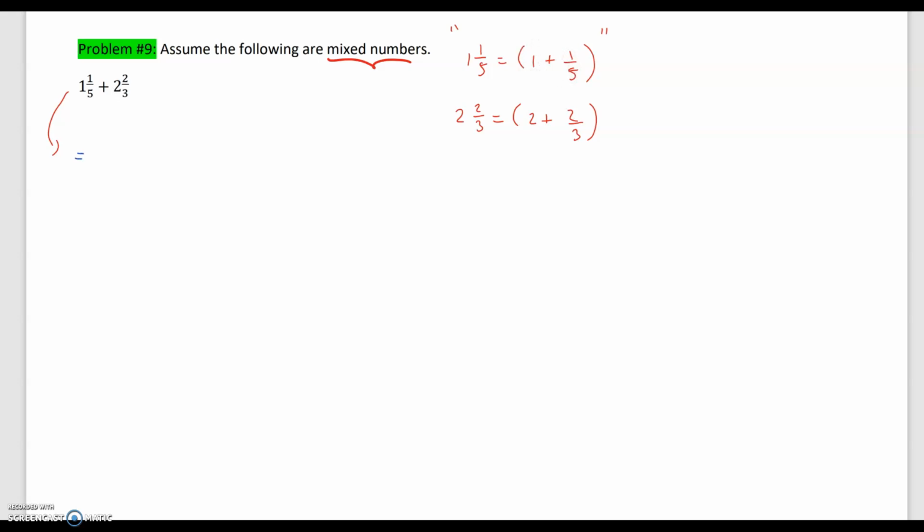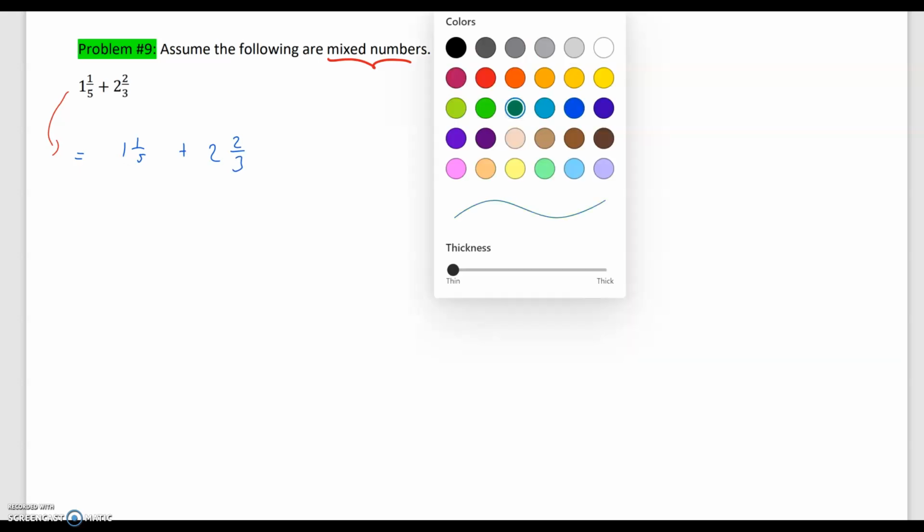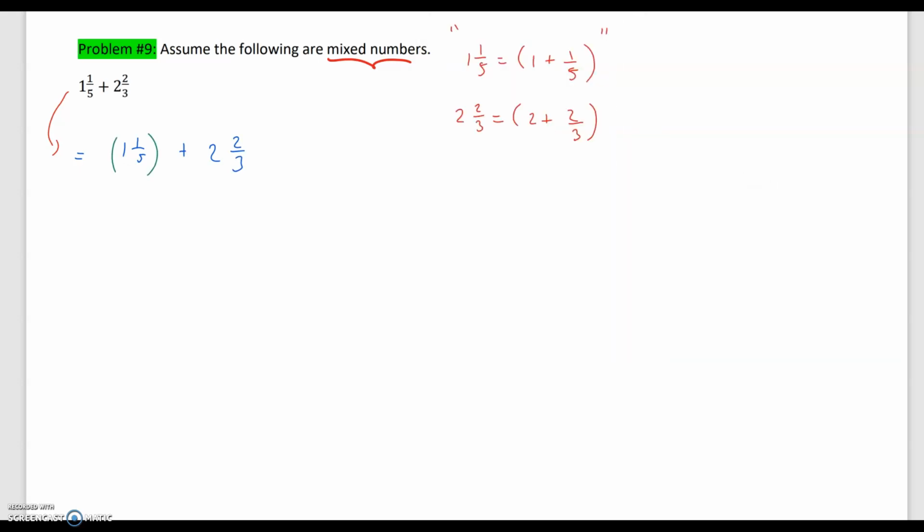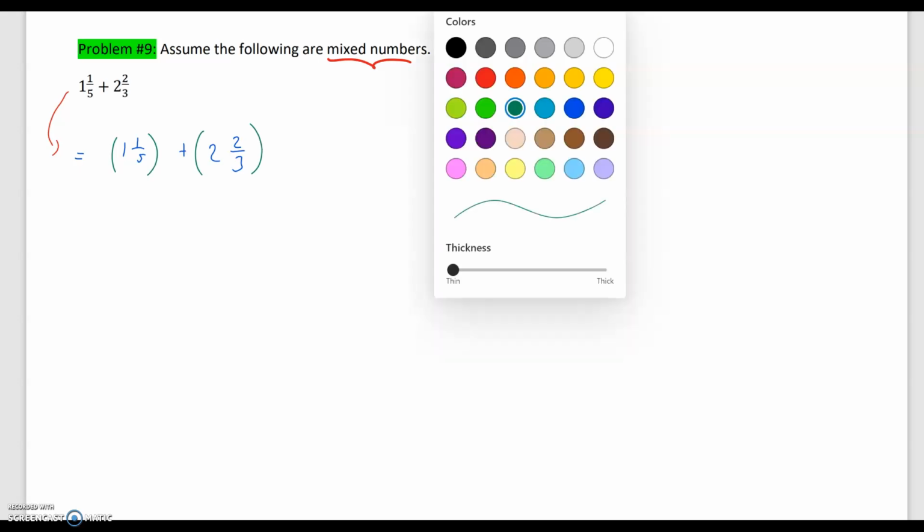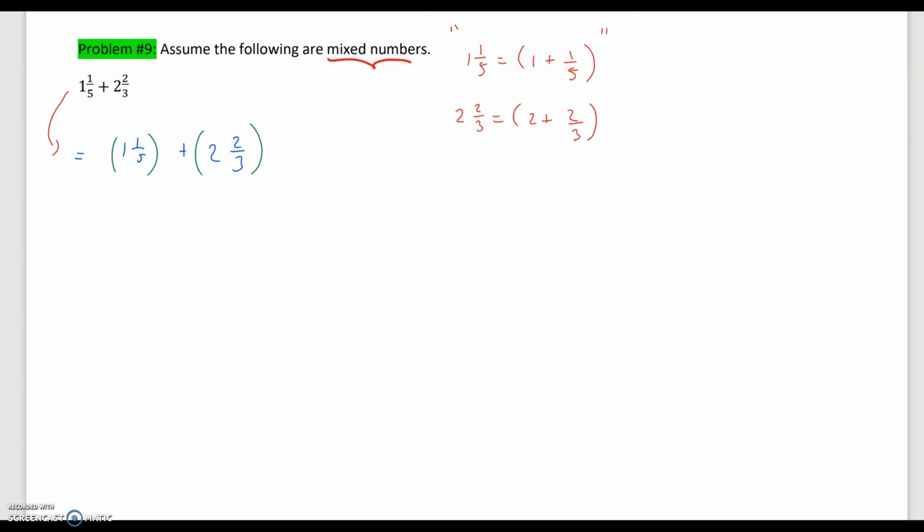So let me just rewrite this as 1 and 1/5 plus 2 and 2/3. And technically, I'm just going to add a set of parentheses, as I mentioned earlier. This is just for later problems where we're dealing with subtraction, since you would have to subtract both parts, the integer and the fraction. So at this point, I'm going to separate them.